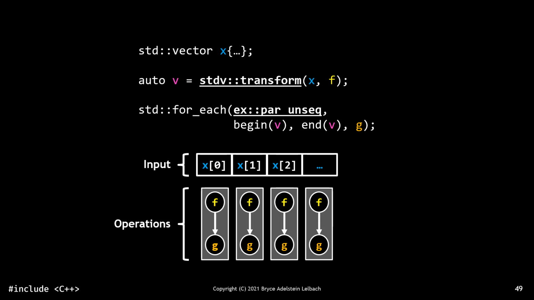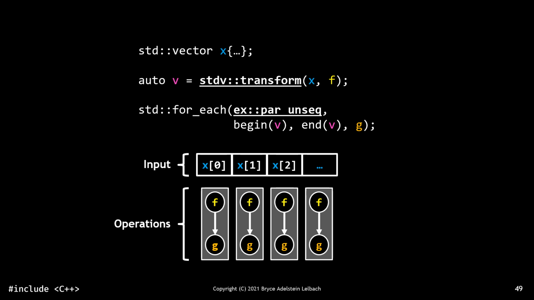One way to address this problem is to fuse the operations together into a single parallel invocation, which can be done with the transform range adapter. Transform takes an input range and a function and returns a range that is the result of applying the function to the input. This is completely lazy. The function is only evaluated as needed when the elements of the returned range are accessed.